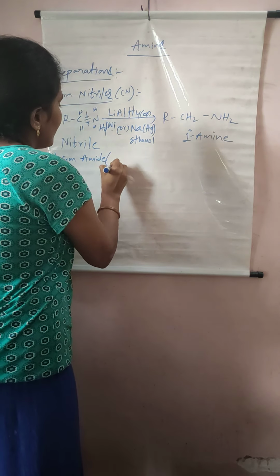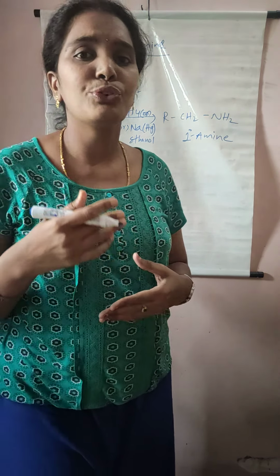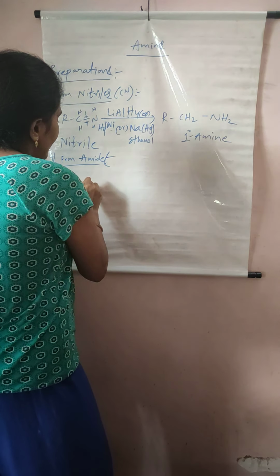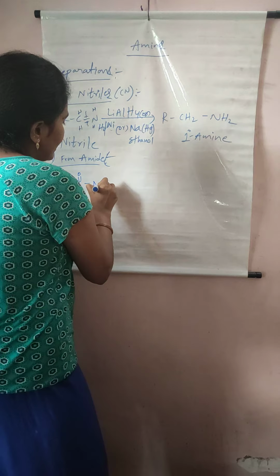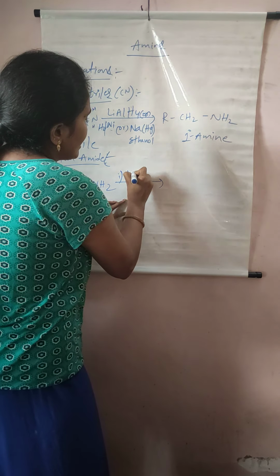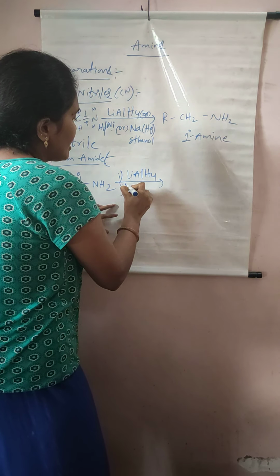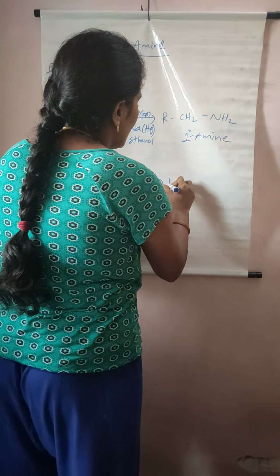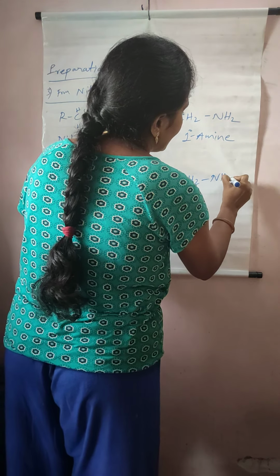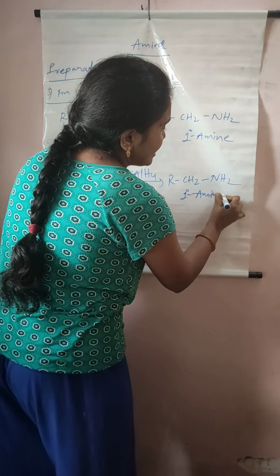An amide is RCONH2. The amide is treated with the same LiAlH4, lithium aluminum hydride, and after hydrolysis you get RCH2NH2, the primary amine.